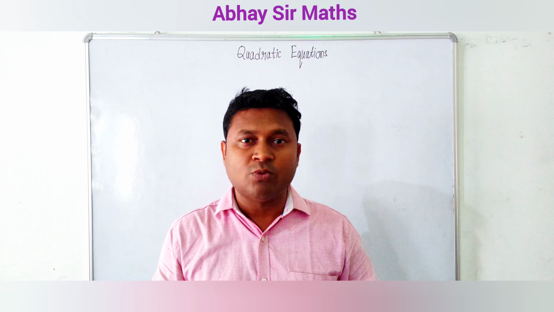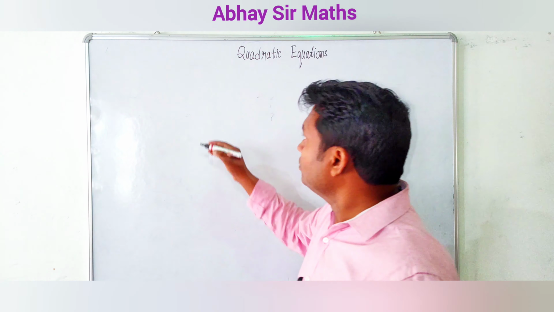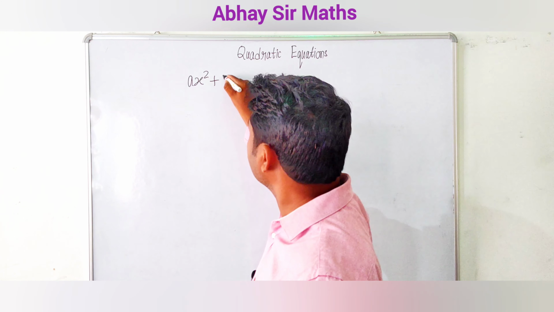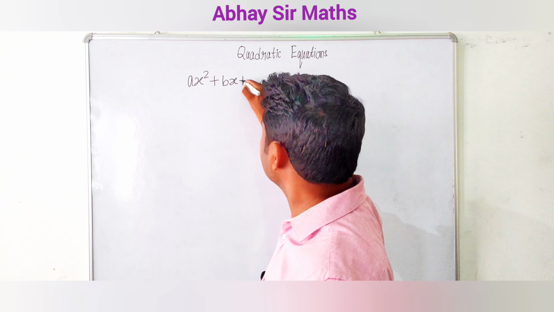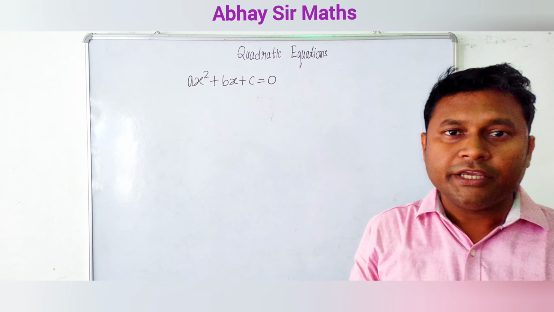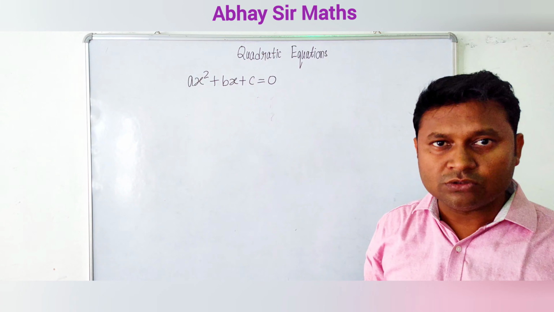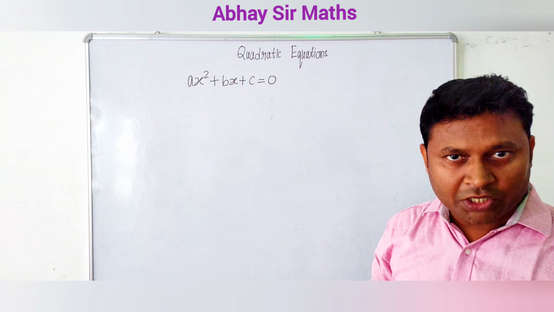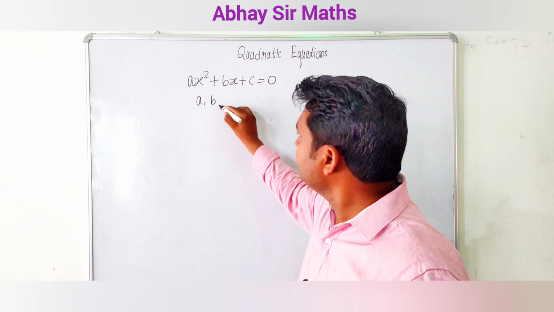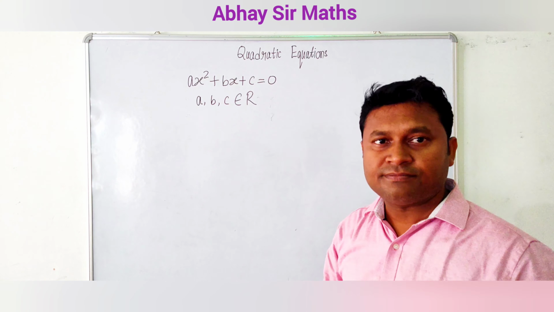So the first question is, what is a quadratic equation? Any equation of the form ax square plus bx plus c equal to 0 is known as a quadratic equation, where a, b and c are real numbers.